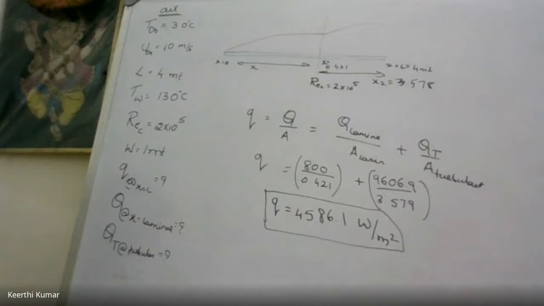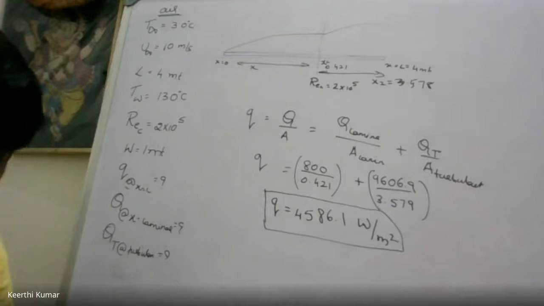Anybody having doubts? At any point, if you're having a doubt, please ask me. Don't hesitate. You just remember the formula. H average is equal to 2 into H for laminar flow, and H average is equal to 1 by 0.8 into H for turbulent flow.